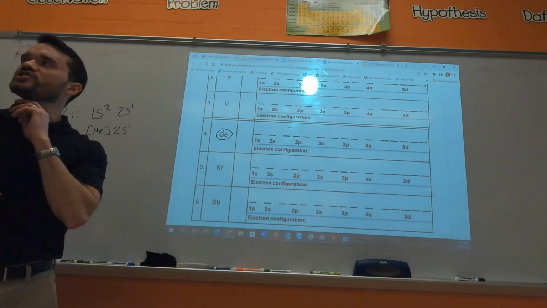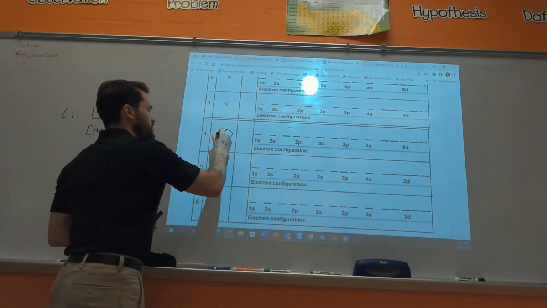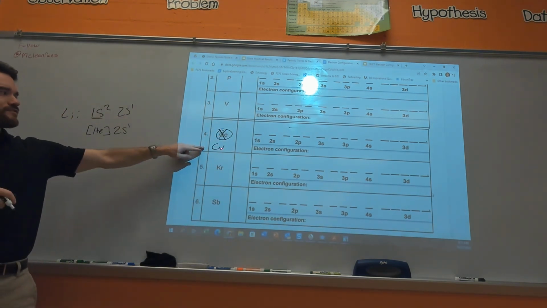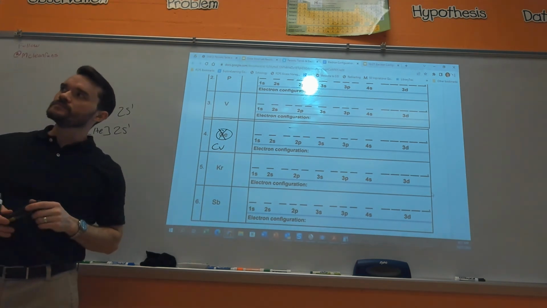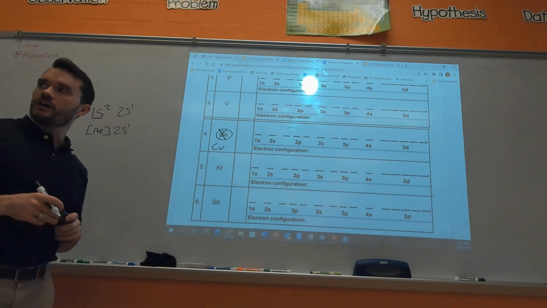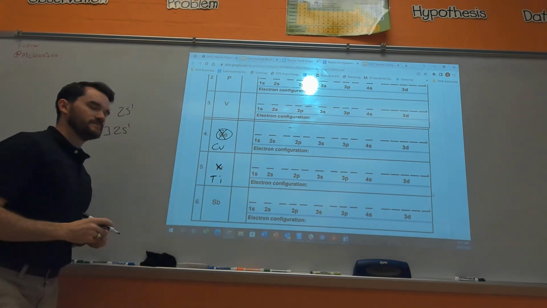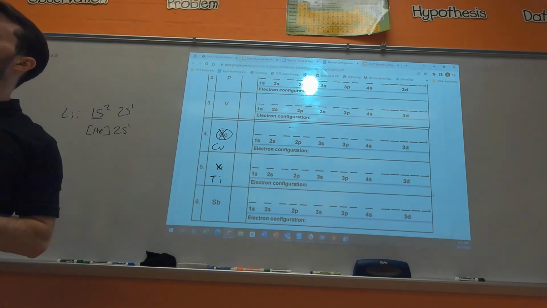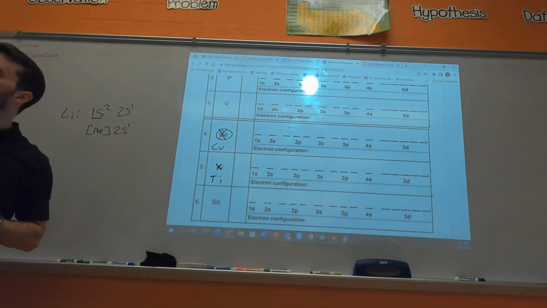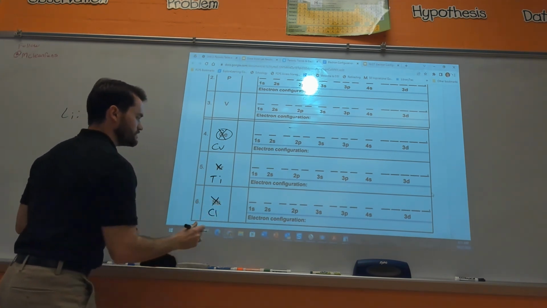but let's just have you change Ge to copper. So just make this copper, Cu. Okay, so for number 4, make that copper. Let's make number 5 titanium, Ti. And then let's make number 6 chlorine.